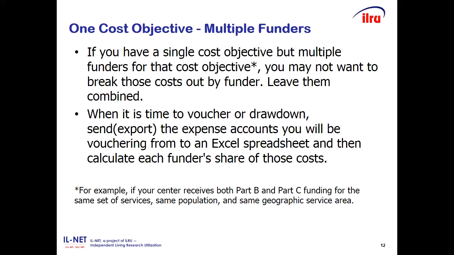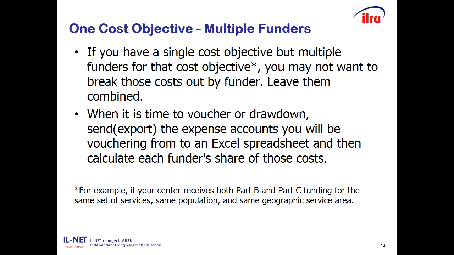Yeah, I agree, and particularly once you go through the process once or twice, if you keep those costs for that single cost objective together in your general ledger, and then when you're ready to bill the cost to one or both funders that apply, you might transfer all of those expenses to an Excel spreadsheet and multiply each one of, now we're talking the direct costs now, multiply the direct expenses like payroll for that entire cost objective by the percentage that each funder is covering.